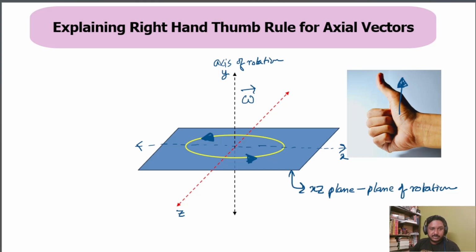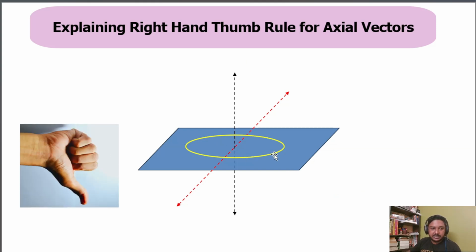A reverse situation occurs if the particle is rotating in the exactly opposite direction. It is now rotating in a clockwise direction, say. If this is the direction of rotation, again we need to curl the four fingers of the right hand, then the thumb will point downwards.